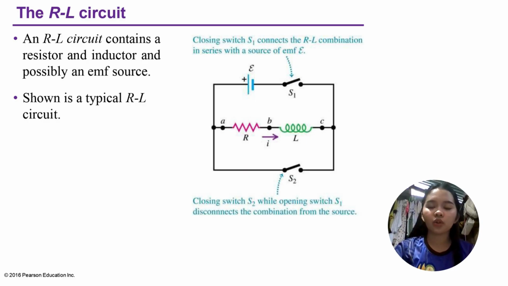Here we will examine how the current changes over time when the switch is closed or open. Closing switch 1 connects the RL combination in series with the source of EMF, while closing switch 2 and opening switch 1 disconnects the combination from the source.